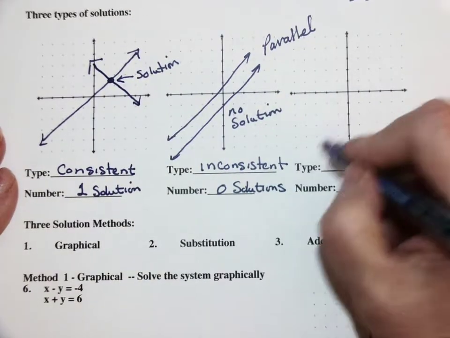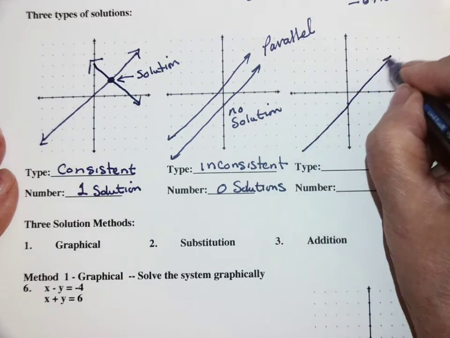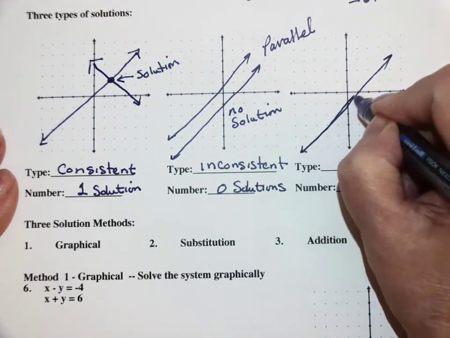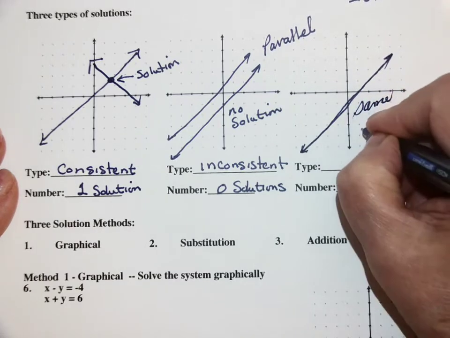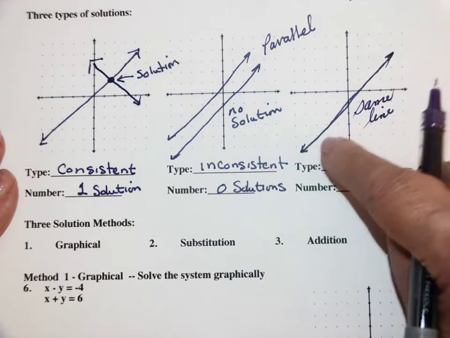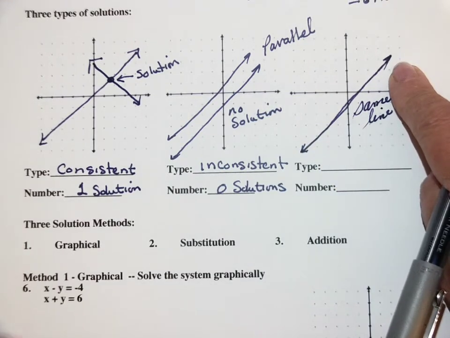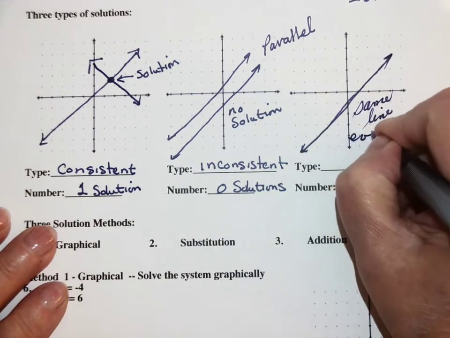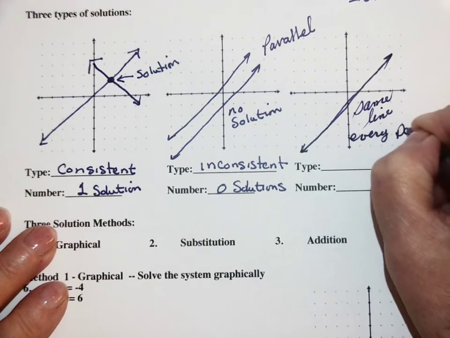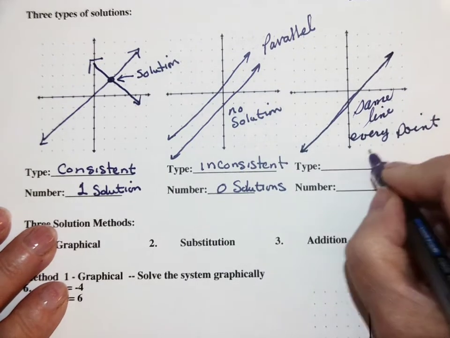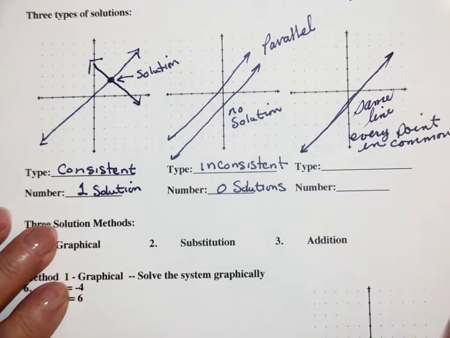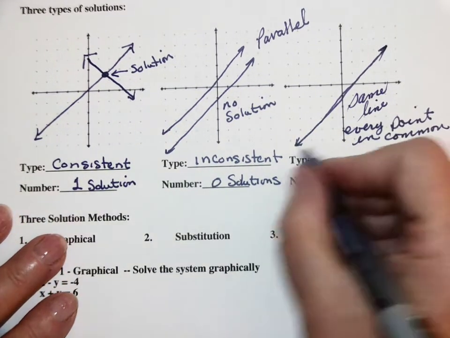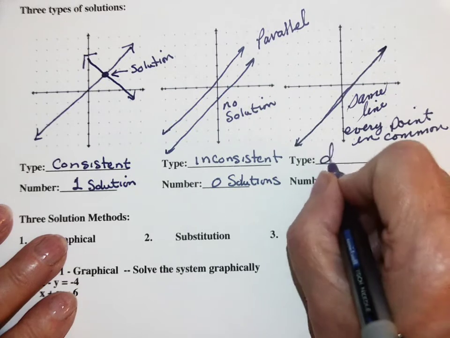The third type is where the 2 lines are actually the same line. That means they have every coordinate point in common. And since they have every point in common, its type is called dependent.